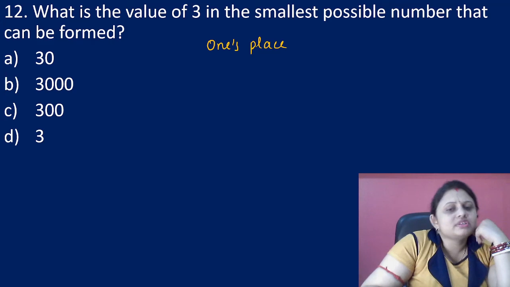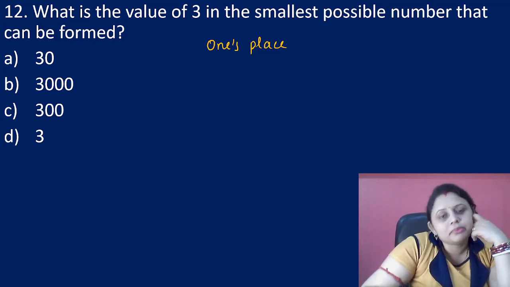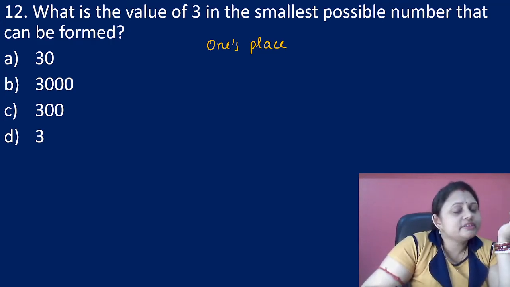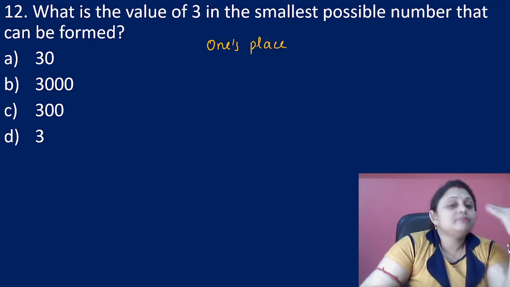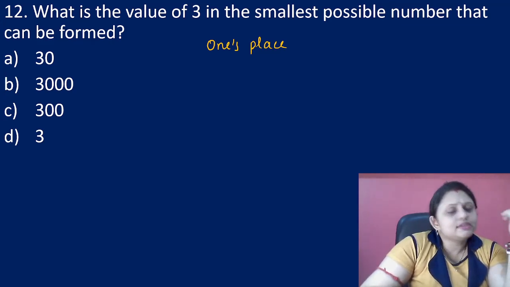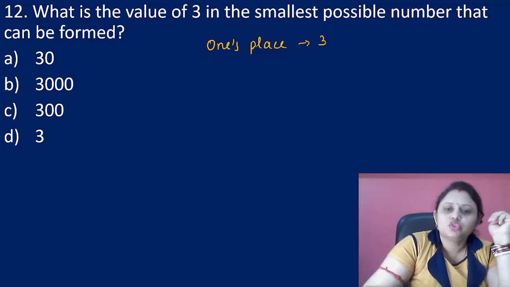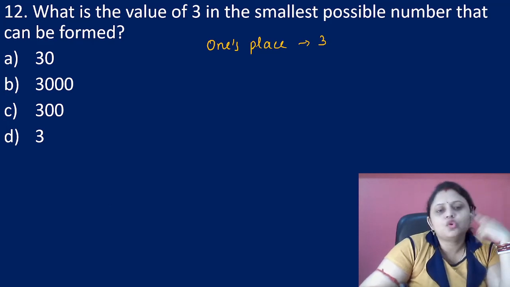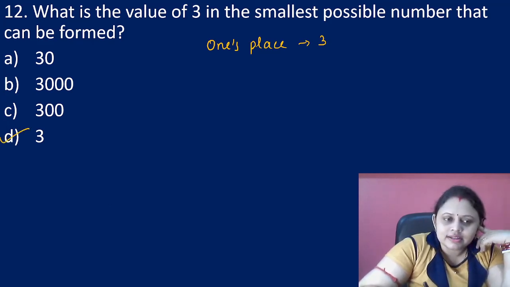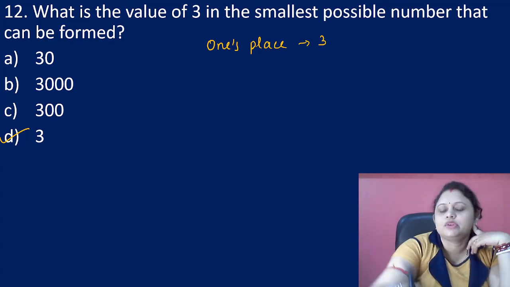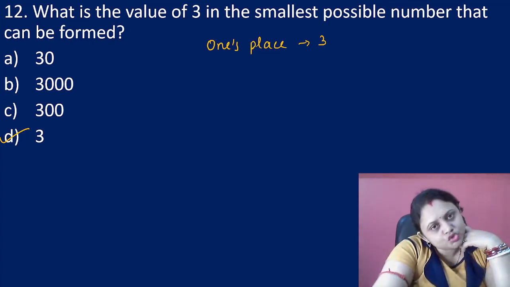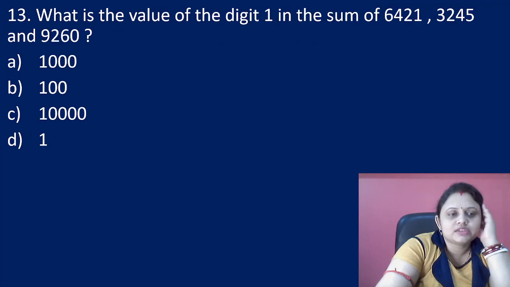Because if it is present in tens place it will be 30, if it is present in 100 place it will be 300, if it is present in 1000 place it will be 3000. It will be smallest when it is present in ones place, and the value will be 3. Okay, so what is the correct answer? Correct answer is option D, that is equal to 3. Clear बच्चों? चलो, let's move to the next question.